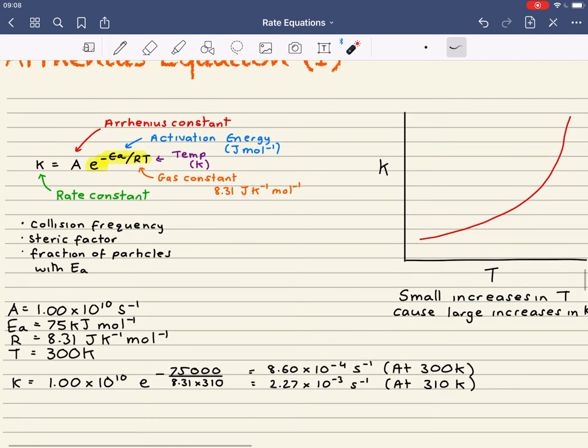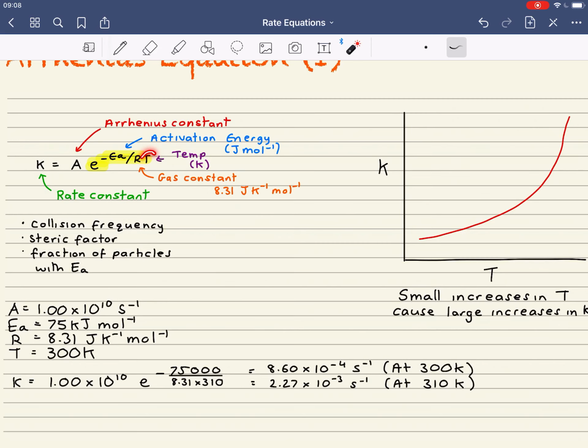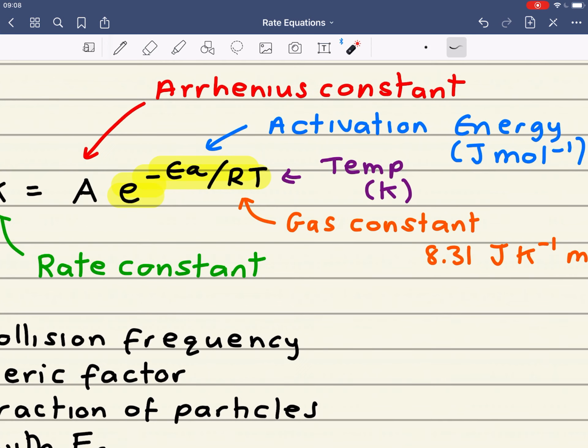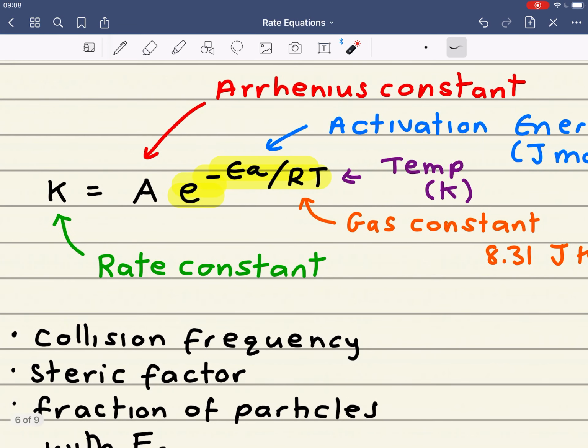So we said then that as this T value gets bigger, my rate constant gets bigger. But what happens then if I keep increasing the temperature? This fraction here will become bigger. As this T value gets bigger, this fraction gets bigger. At infinitely high values of T, this fraction will eventually become 1.